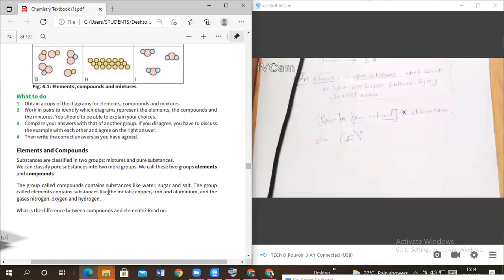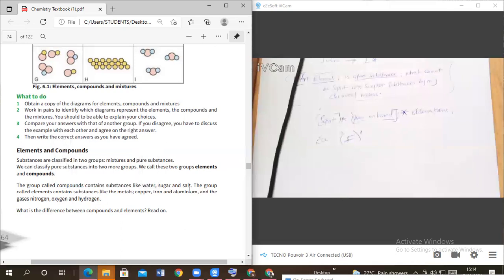So now, which one of these two is a pure element, and which one is a compound? They are telling us that a group called the compounds contains substances like water.